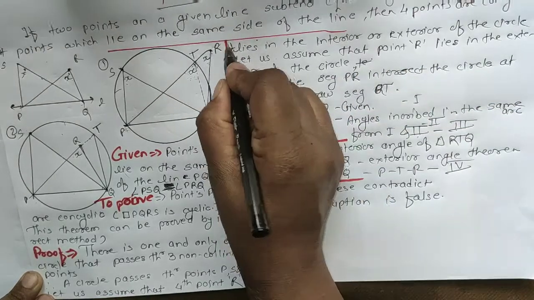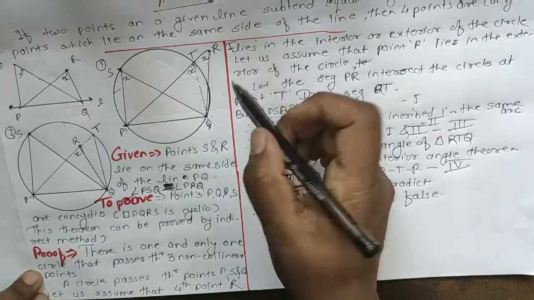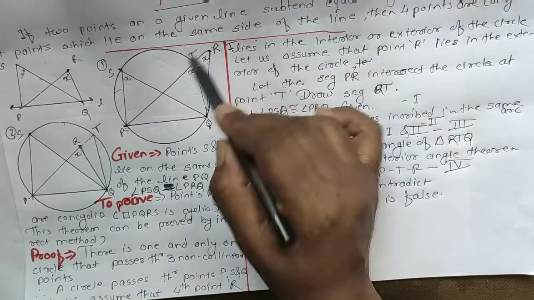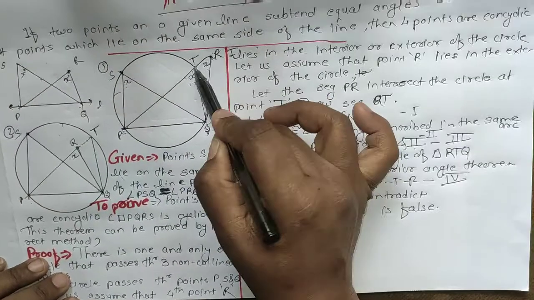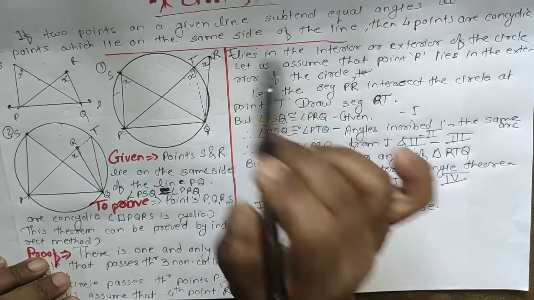So this is the first assumption. We showed that it is false, meaning point R does not lie on the exterior of the circle; it must be on the circle.